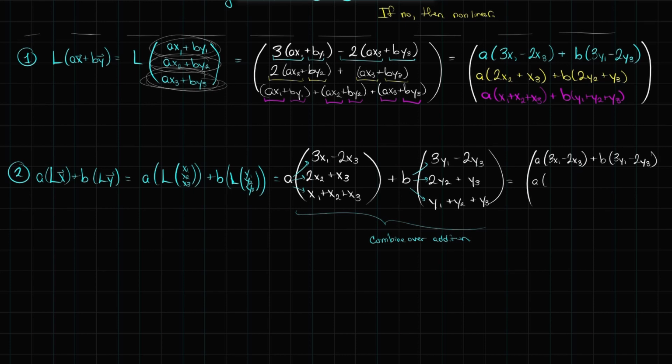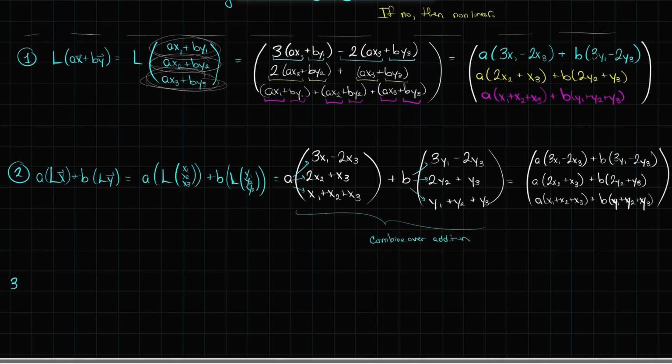I'm going to have an A against 2x2 plus x3 combined with the B case, which is 2y2 plus y3, and finally an A on the x1 plus x2 plus x3 combined with the B on y1 plus y2 plus y3. So that's me computing and simplifying for step 2.